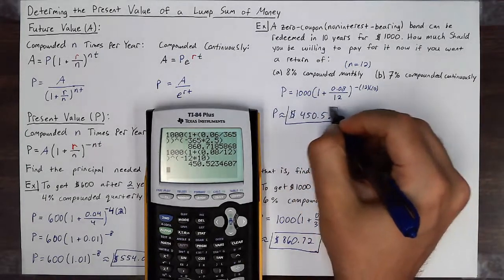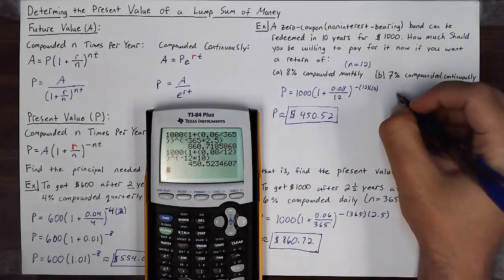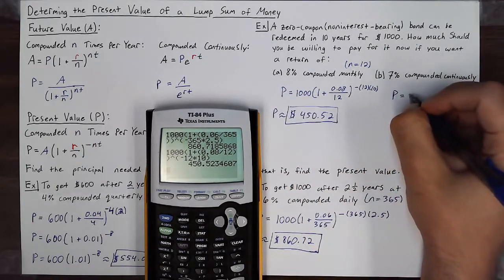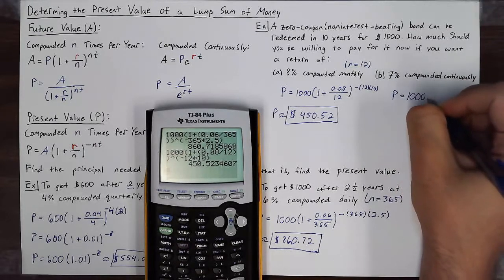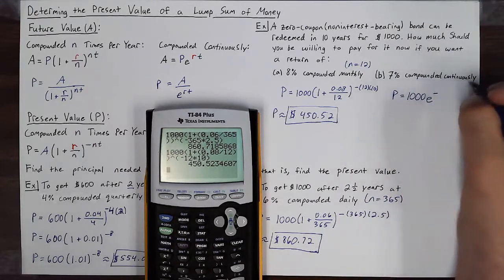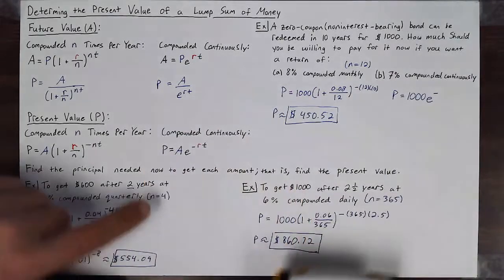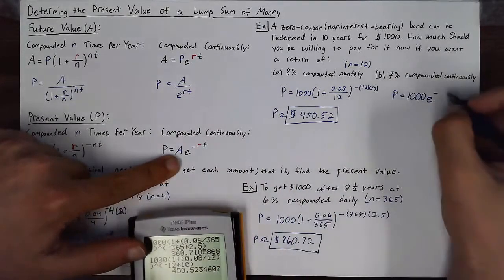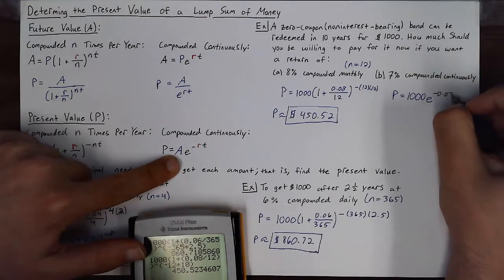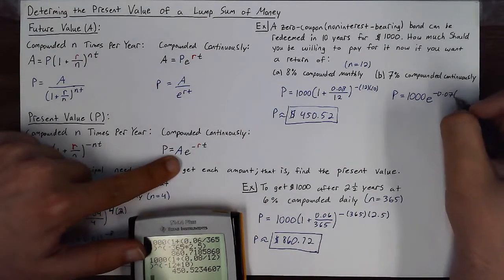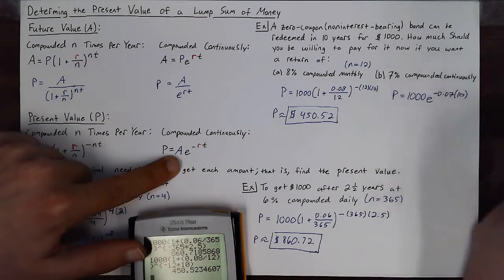Now, if we did it continuously, our present value will equal the future value, $1,000, times e to the negative rate, because we're going to use the second formula, rate, which is 0.07 this time, times 10 years power.